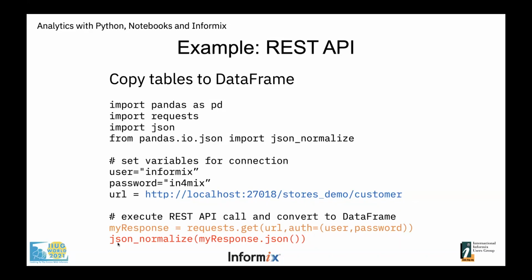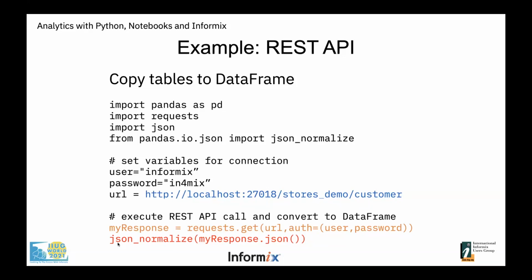The first thing which we have to do is, again, to import pandas. Then we have to import requests. That's necessary for doing the REST API calls. And we have to import JSON, and we have to get a function json_normalize.